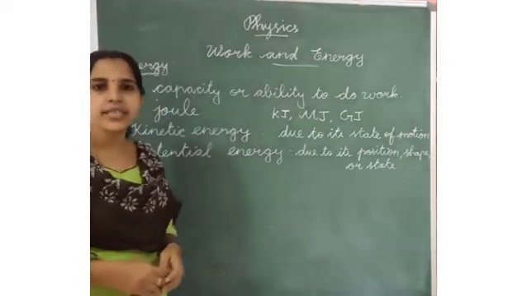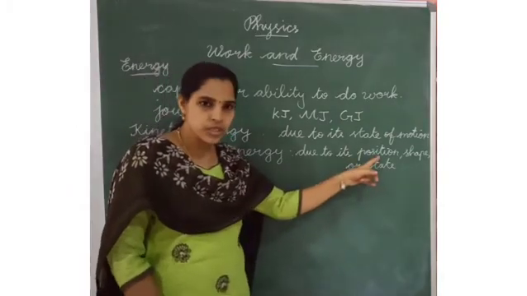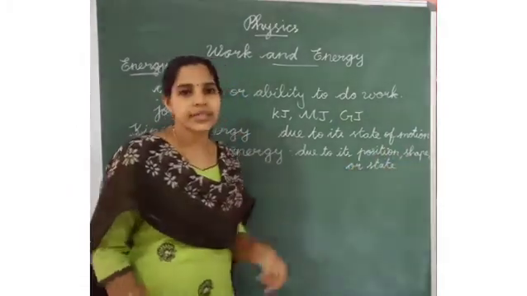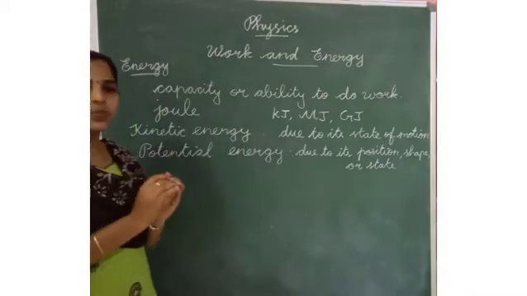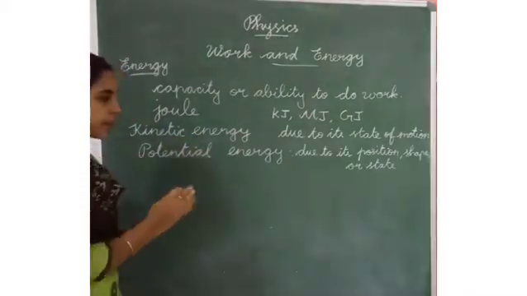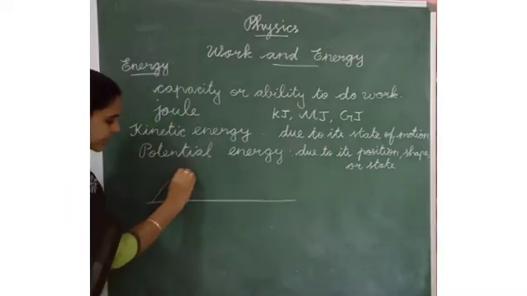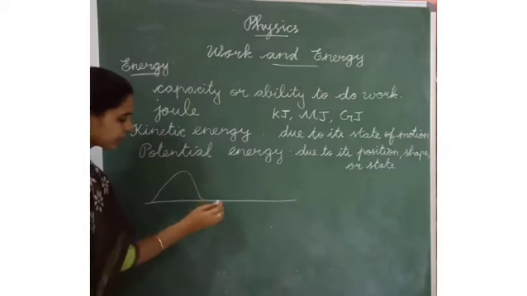Then potential energy. Potential energy means energy that an object has due to its position, shape or state. That means the object will not move. It will take a position. For example, listen, this is a hill.